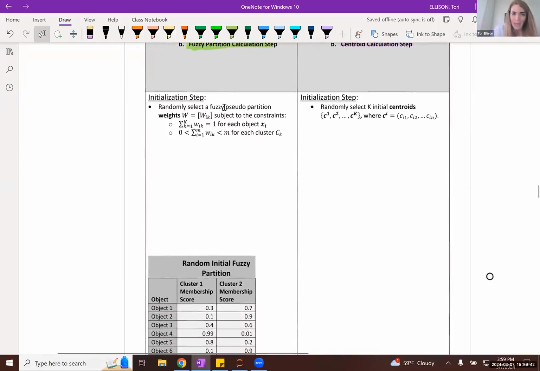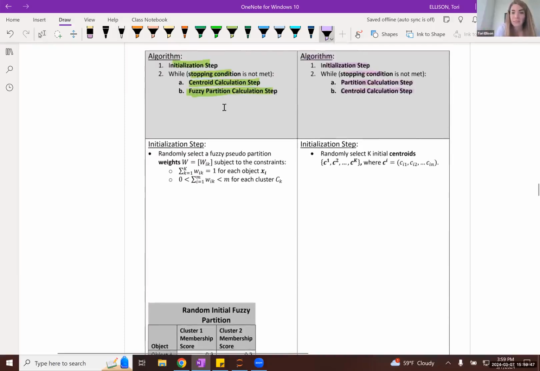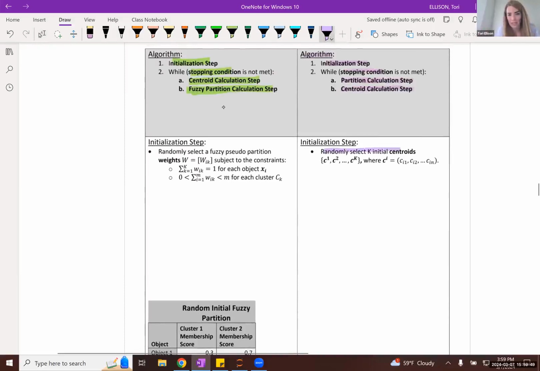The initialization step is slightly different because in k-means, we are randomly initializing the centroids. What's going to be different about fuzzy c-means is that in this case, we're randomly initializing not the centroids, but actually our first fuzzy pseudo partition or our first fuzzy clustering membership matrix.